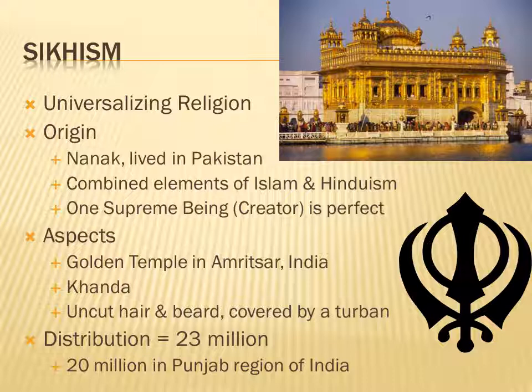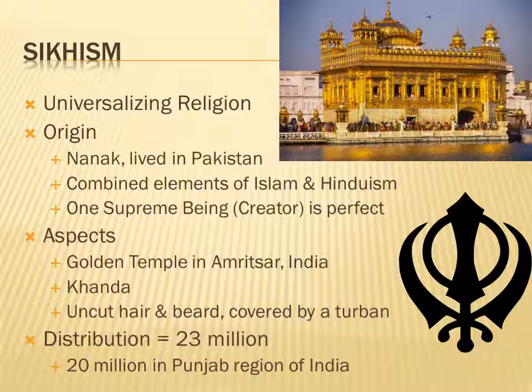The Khanda that you see over there on the right is the symbol associated with Sikhism, and in much the same way that the Wheel of Dharma for Buddhism, the cross for Christianity, the crescent moon and star for Islam is a symbol for the religion, so too is the Khanda. As far as culture traits typically associated with Sikhism, it's not universal, but typically associated with it.